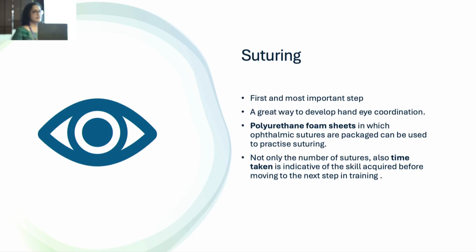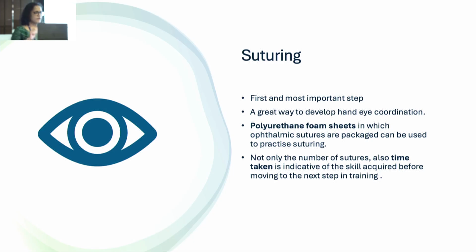These are the skills every ophthalmic surgeon should learn. And this is a very key point, because suturing is your life jacket. Whatever happens, you have to suture it back, so you have to maintain the globe integrity of the patient. So suturing is the first and very important step you have to learn.